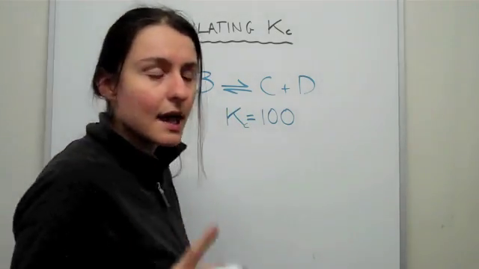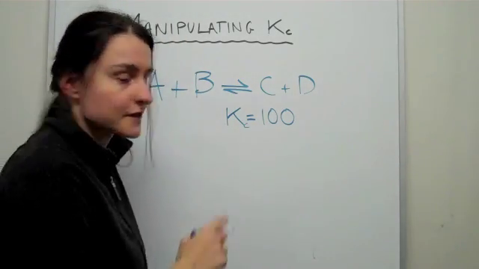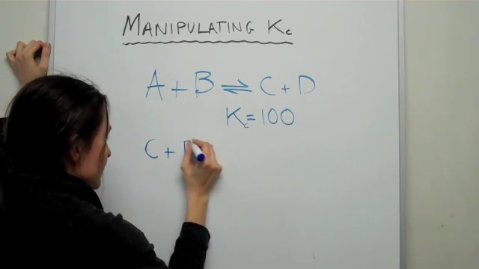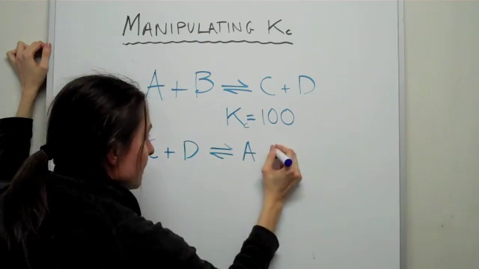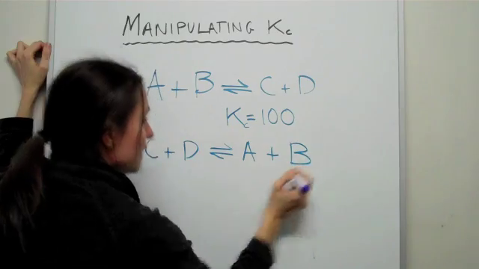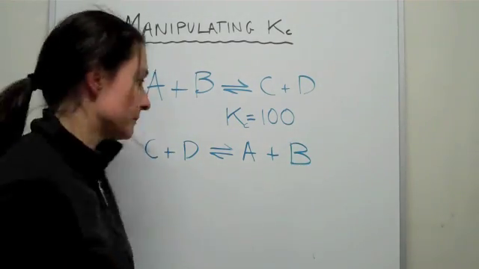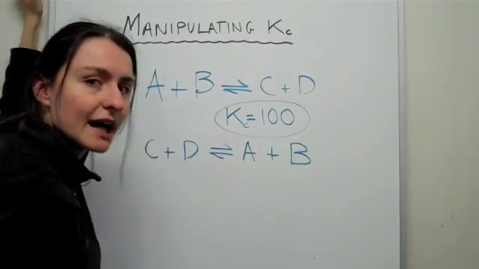Now, let's look at what would happen if the reaction was reversed. C plus D gives us A plus B. Consider what would happen to the equilibrium constant. Say they want you to figure out the equilibrium constant for this reaction.